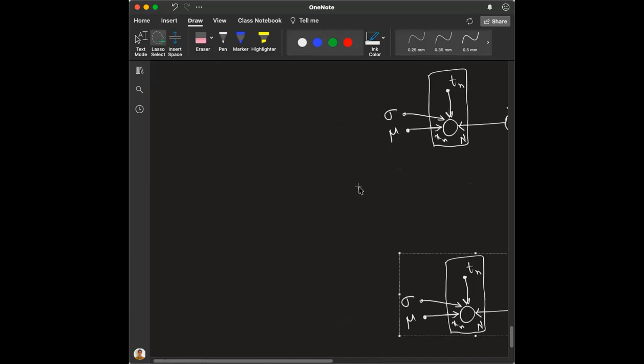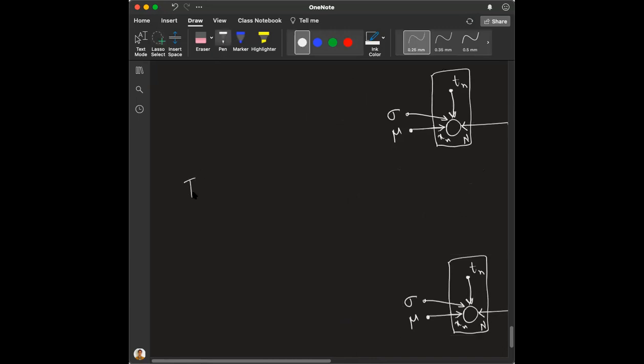To train, what are the parameters? Alpha, sigma, mu, right? To train my parameters, I have training data.